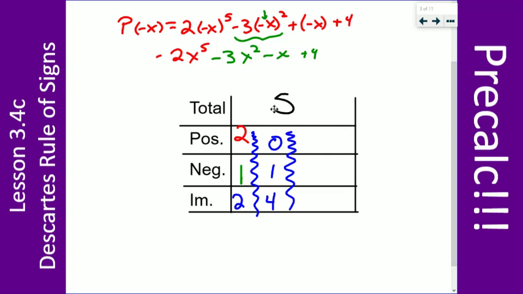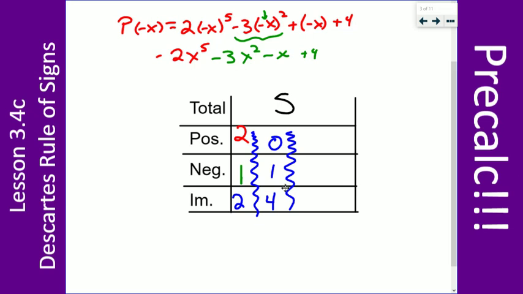Okay, so that can help guide our picking from our list of rational solutions. We could have 2 positive, 1 negative, and 2 imaginary, or 0 positive, 1 negative, and 4 imaginary. So with our rational root theorem, we have a bunch of positive and a bunch of negative candidates.